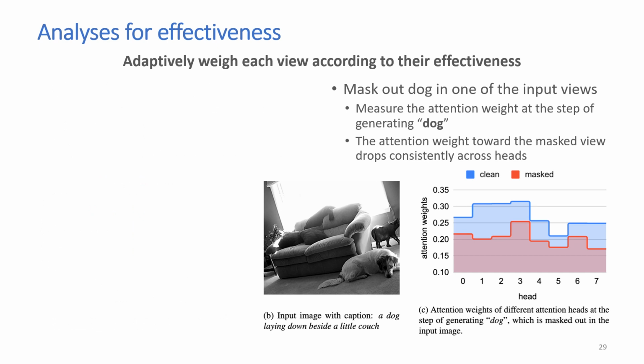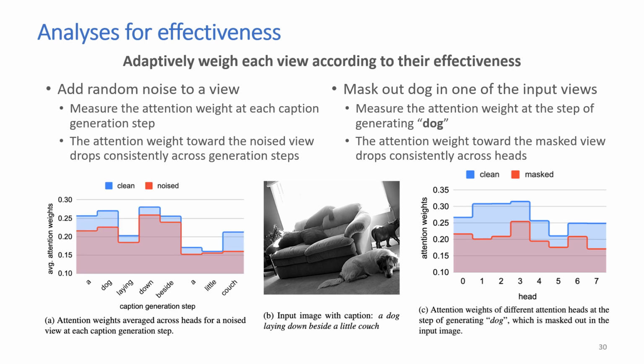In the second control study, we mask out the dog in one of the input views and measure the attention weight at the step of generating the word dog. As we can see from the figure below, the attention weight toward the masked view indeed drops consistently across different attention heads. Overall, our hierarchical decoder layer learns to adaptively weigh each view according to their effectiveness.